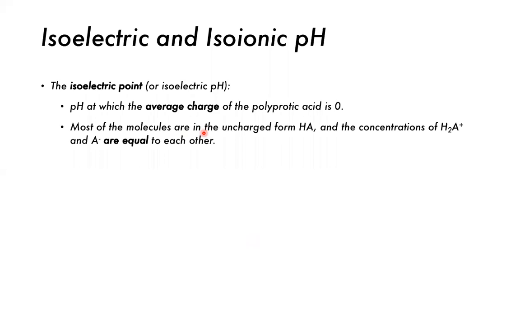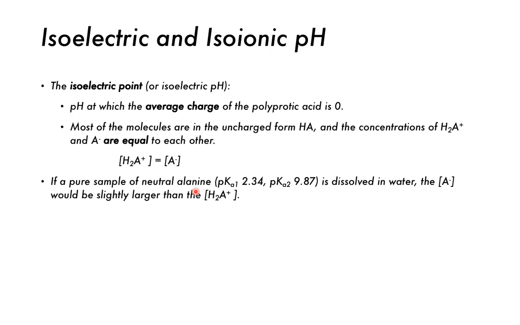So most of the molecules are the uncharged HA form, but the important thing is that the concentrations of cations and anions are equal to each other, which is what I was just describing. So the concentration of H2A plus is equal to the concentration of A minus.